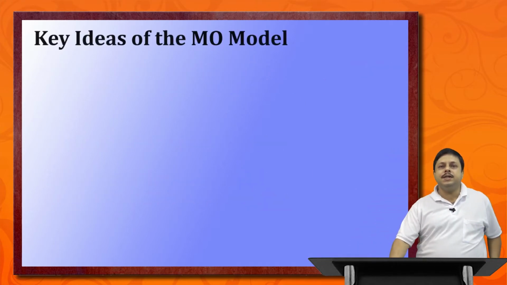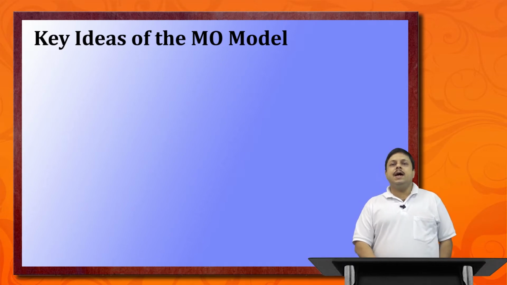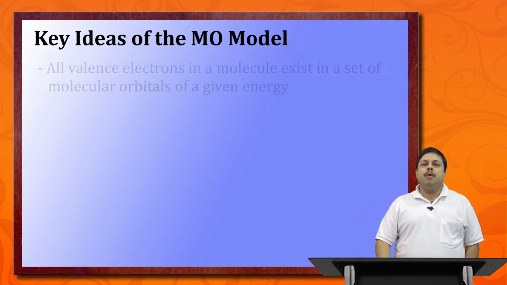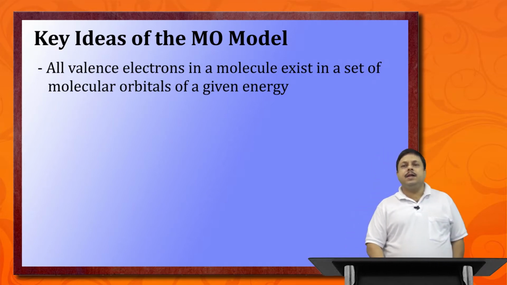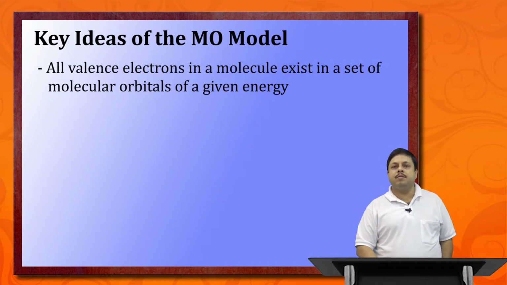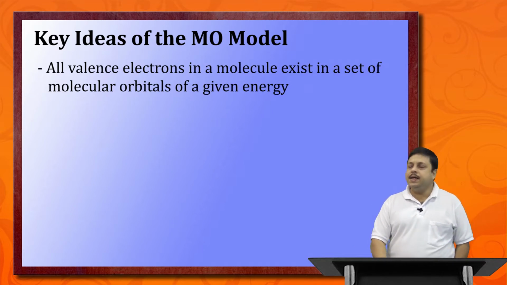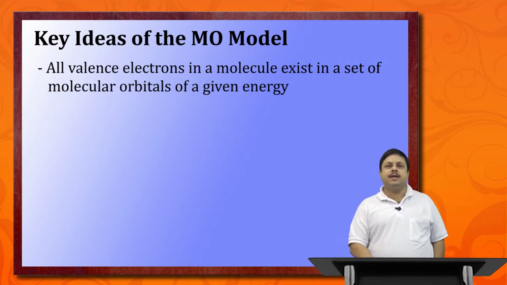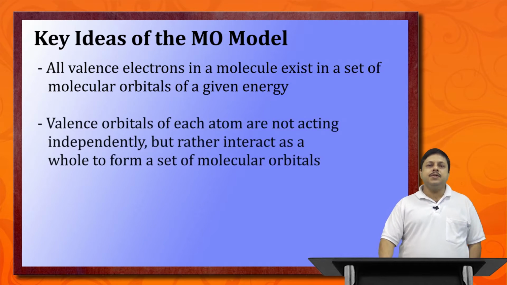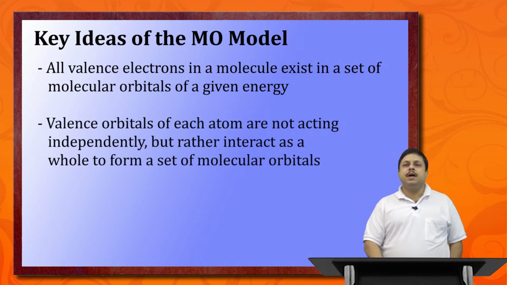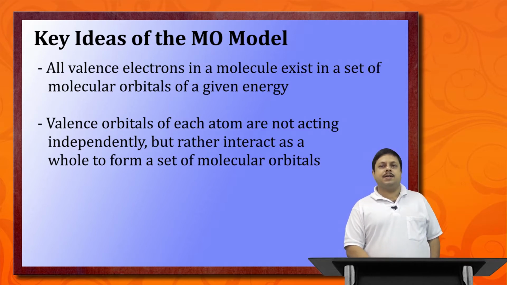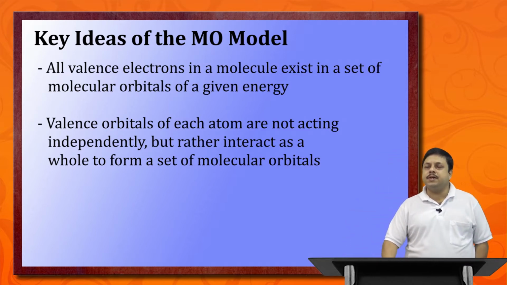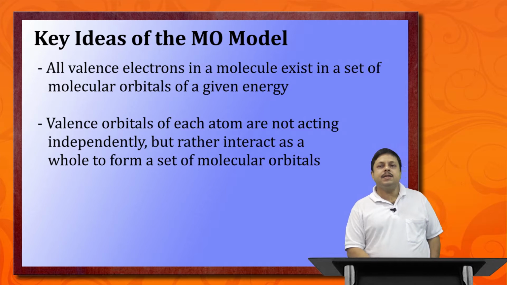So what are the key ideas of this model? All valence electrons in a molecule remain in molecular orbitals, and each molecular orbital has a characteristic energy. The valence orbitals of each atom are not independent of one another, but interact as a whole to form a set of molecular orbitals.